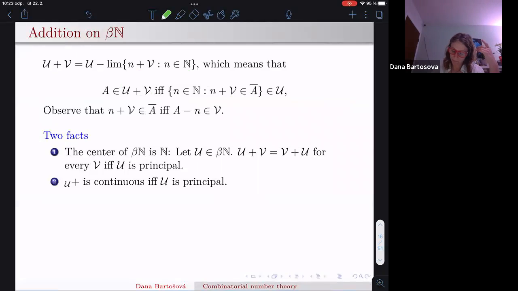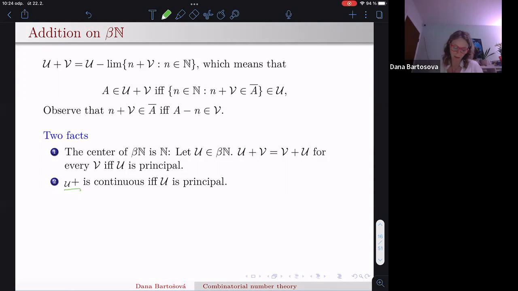So now let's just get a little familiar with how the algebra works. And this is what I was mentioning. The continuity on the left is actually never true, right? So I could say fix an ultrafilter on the left. When is this going to give me a continuous function from beta into itself? And it never does unless I started with a principal ultrafilter.